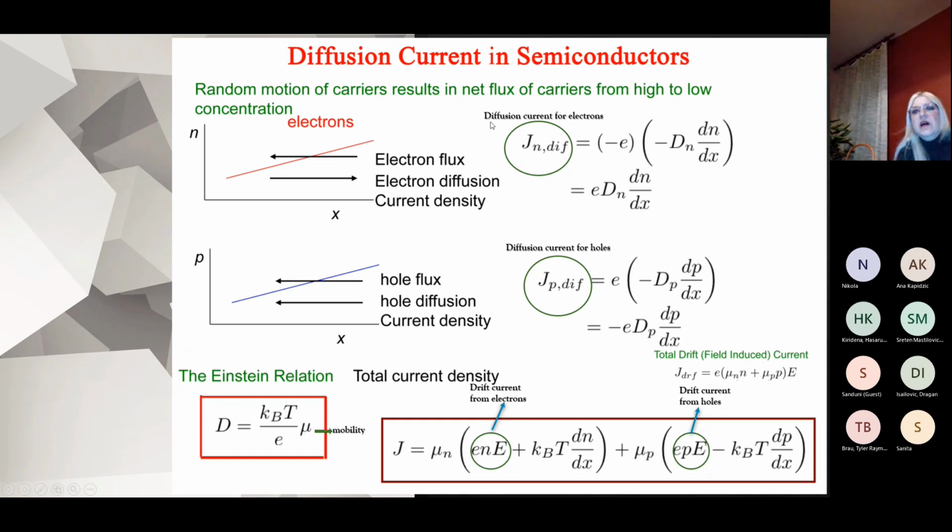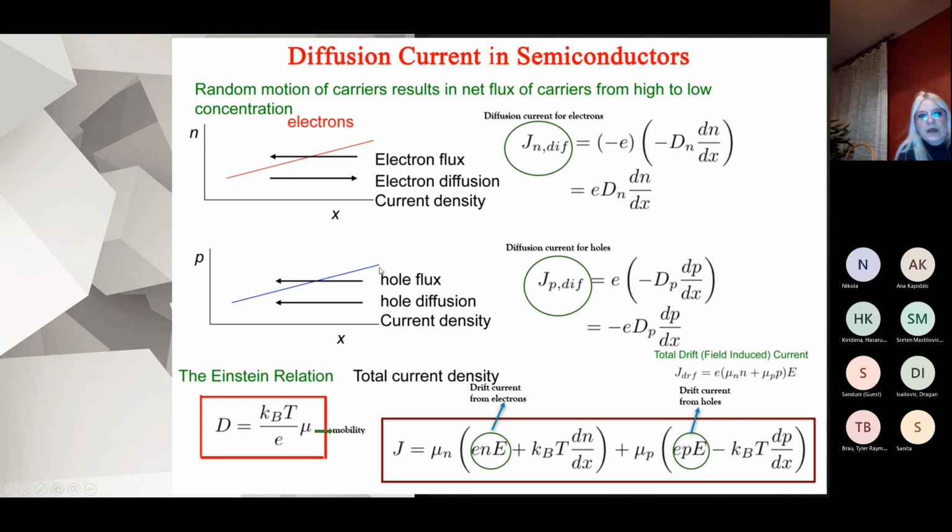If we express the diffusion current for electrons, it will have this diffusion part, which is negative here, the diffusion constant and concentration gradient, times the negative charge. So we're going to get the positive sign of diffusion current for electrons. That's why electrons have this direction.